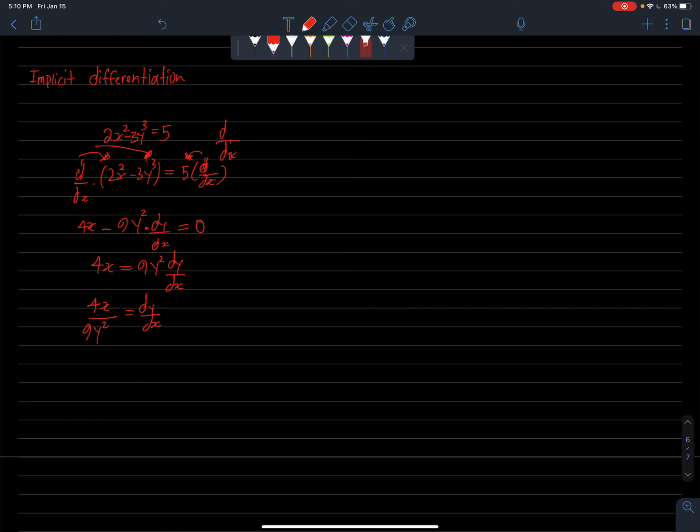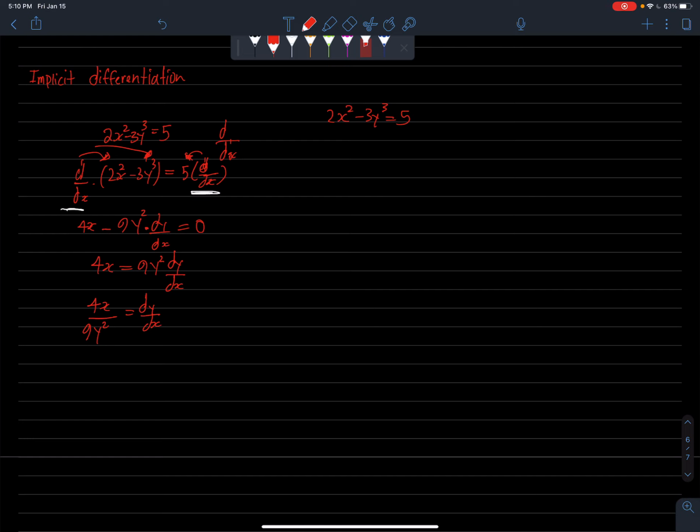To me, writing all this out is a hassle. So let's say I wanted to do it my way. It says find the derivative of 2x squared minus 3y cubed equals 5. First of all, they would tell you with respect to what variable you need to take it. So let's say they say x.